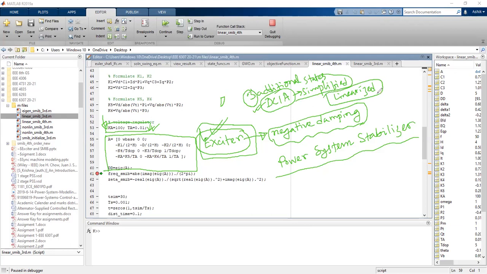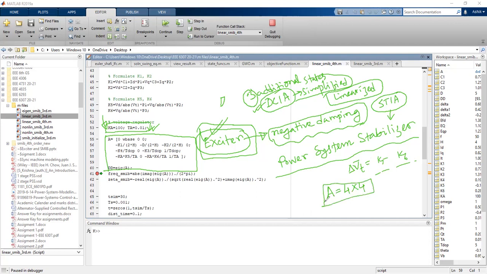Then we shifted from DC1A to ST1A, a much more simplified version. Then we calculated the del VT and incorporated it. We introduced K5, K6, all these things, and then we made the A matrix. Now the A matrix was 4 by 4.